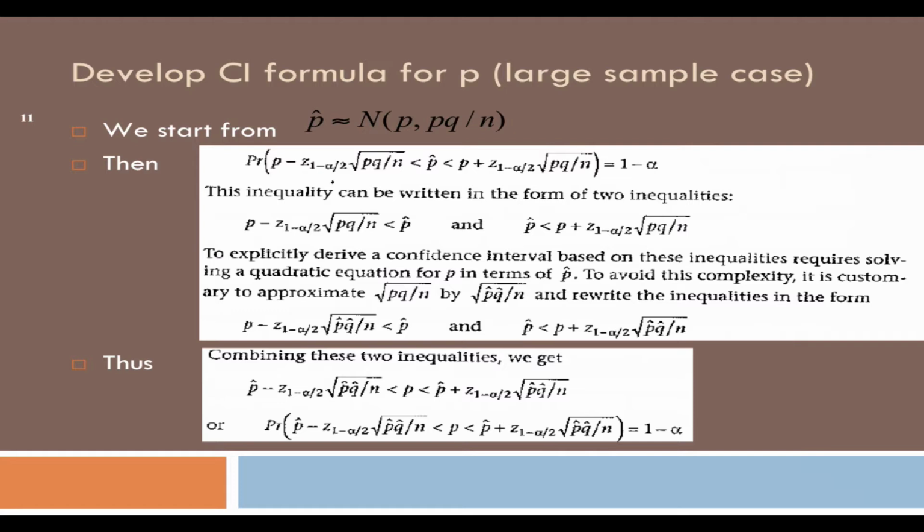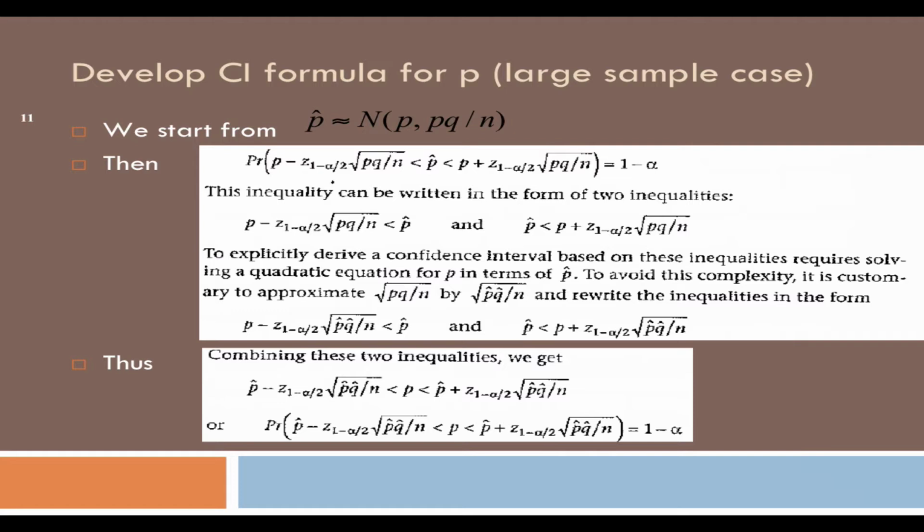And then it follows a Z distribution, and then you just isolate this term by multiplying this denominator and then plus the sign from each side of the boundary, and then you get this lower boundary and this upper boundary of a confidence interval of 1 minus alpha.